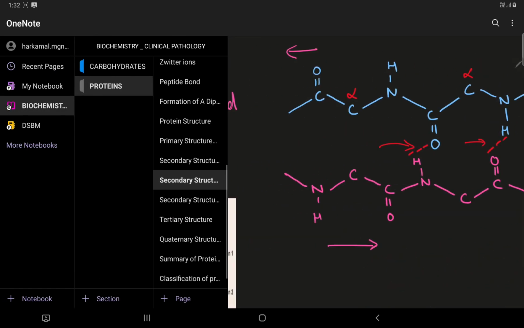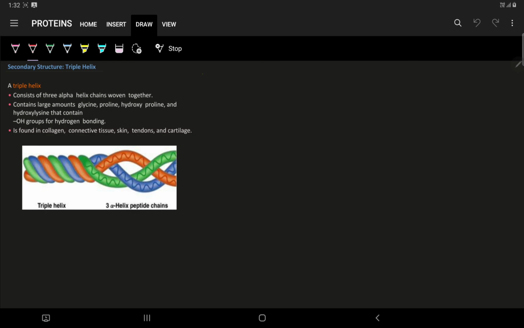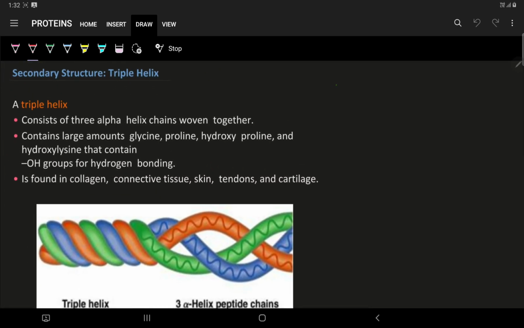Now let us study the third structure, that of a triple helix. Now what is a triple helix? It also comes under the category of secondary structure. A triple helix consists of three alpha helix chains woven together, or we can say interlinked through various intermolecular forces of interaction.